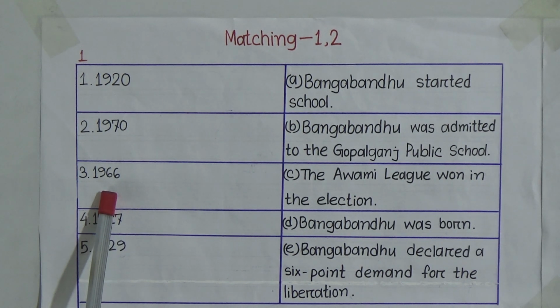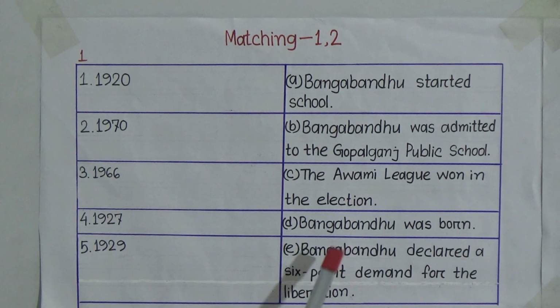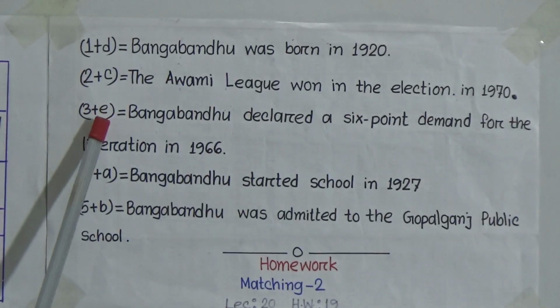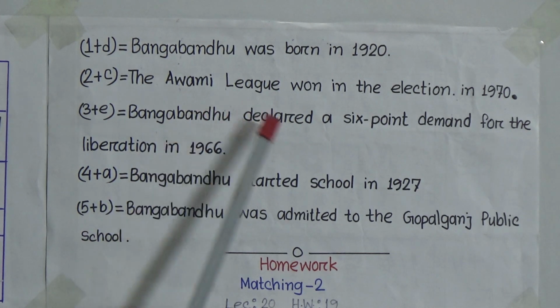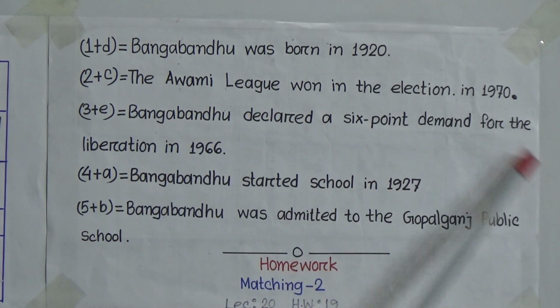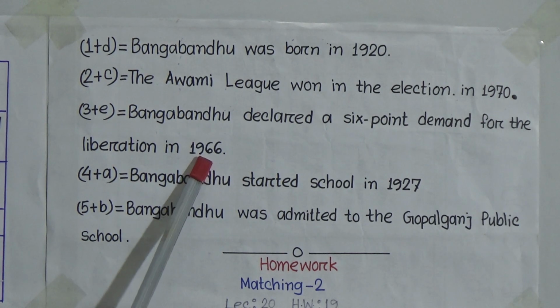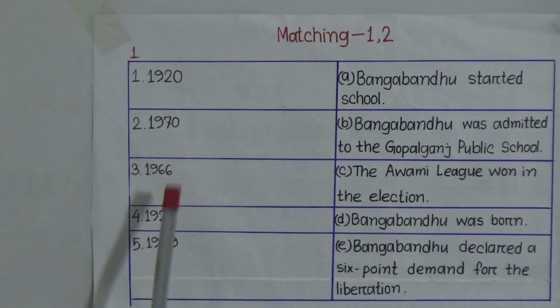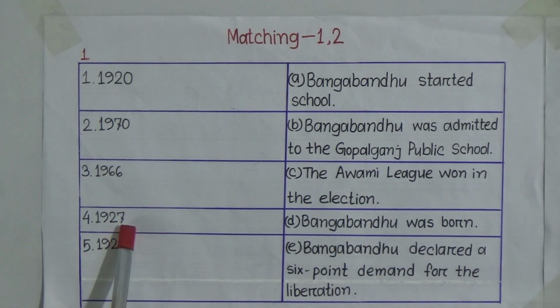Now number 3. 1966. What happened in 1966? We know that in 1966 Bangabandhu declared a 6-point demand for the liberation. So first we have to write the sequence. The sequence will be 3 plus E, and the sentence will be Bangabandhu declared a 6-point demand for the liberation in 1966. Now come to question number 4. Here we find 1927.